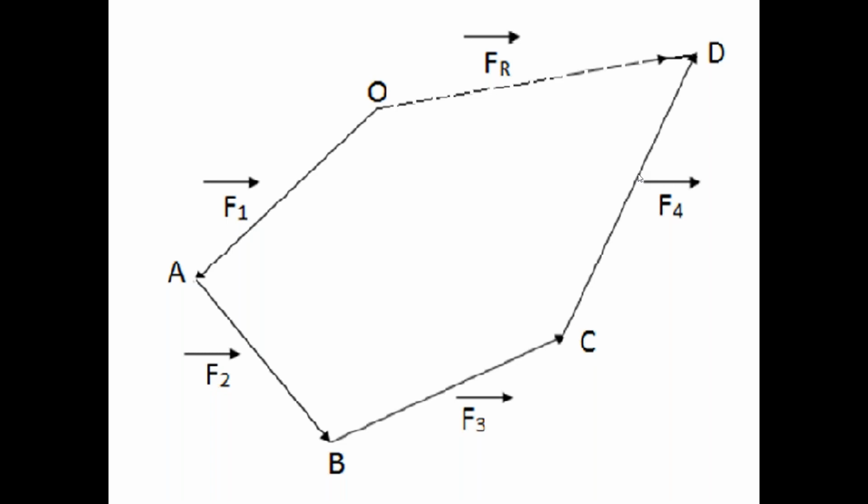You must understand that if this polygon is an open polygon, then only the four forces have a resultant force. Because in the open polygon, the closing side of the polygon is the resultant force of these four forces.